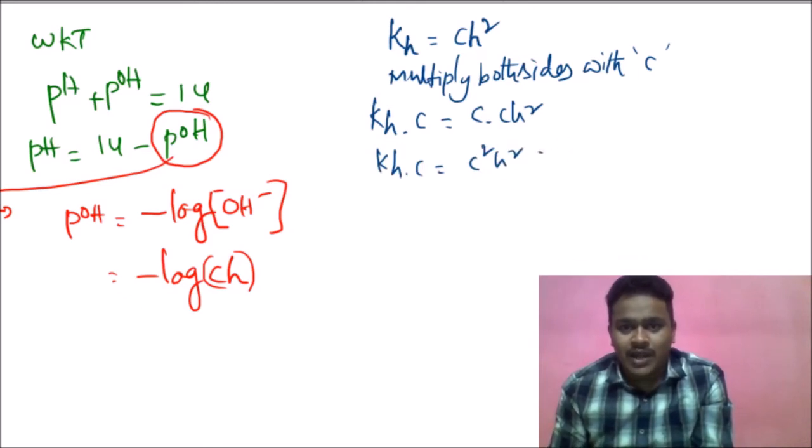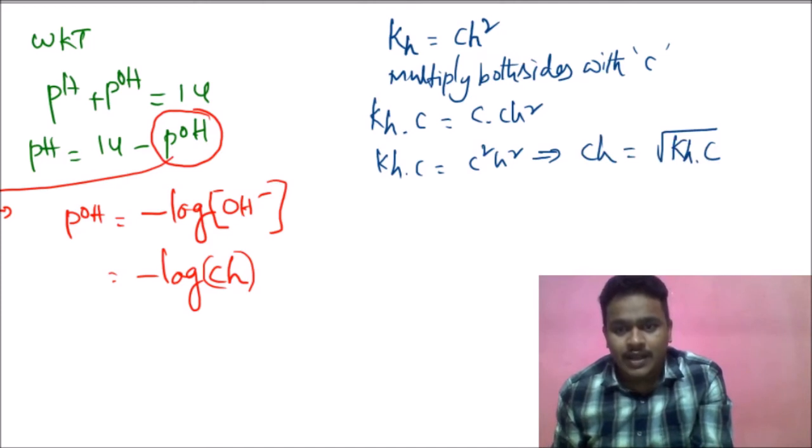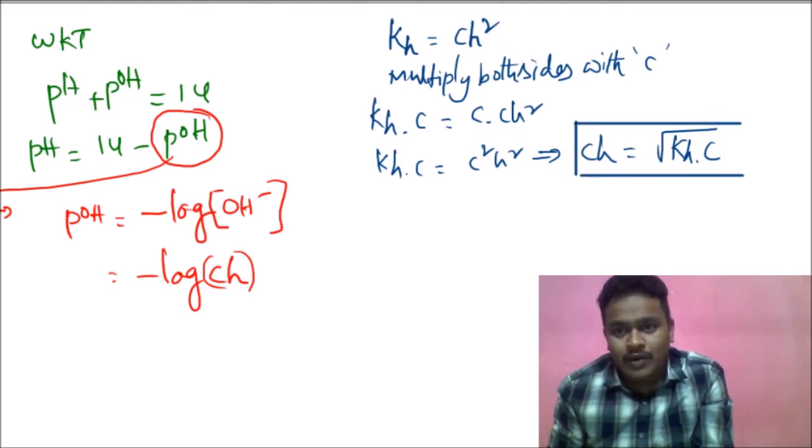So Ch is equal to root over Kh into C. This is also an important formula: Ch is equal to root over Kh into C.